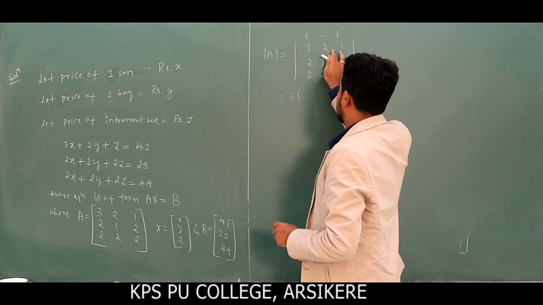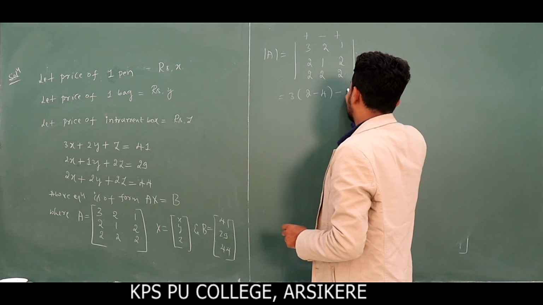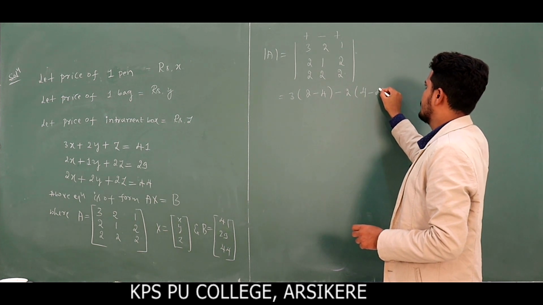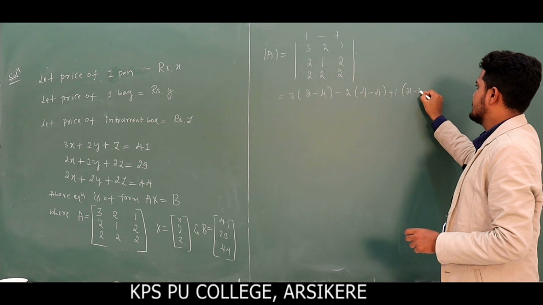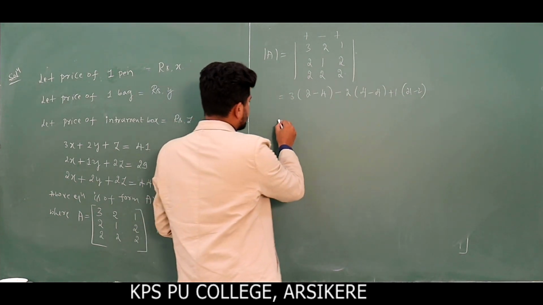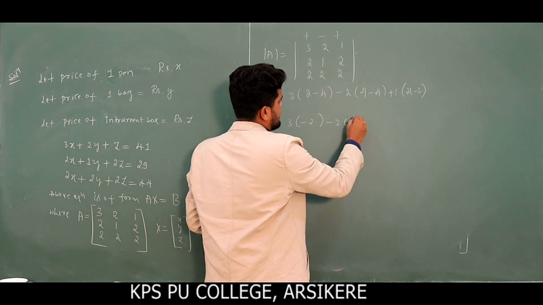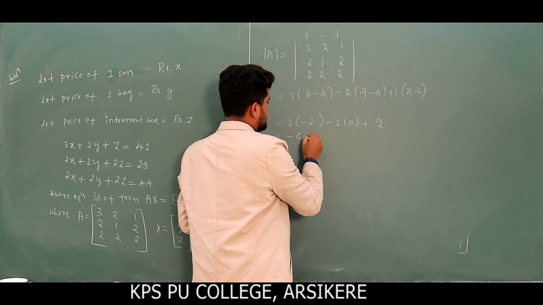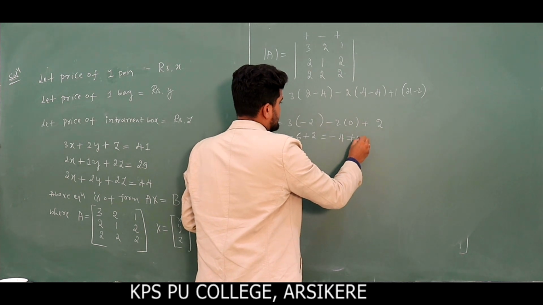So 3 into, eliminating first row, first column, 1 into 2 is 2, minus 4, minus 2 into 4 minus 4, plus 1 into 4 minus 2. So 3 into minus 2, 2 into 0, plus 2: minus 6 plus 2, which is equal to minus 4, not equal to 0.